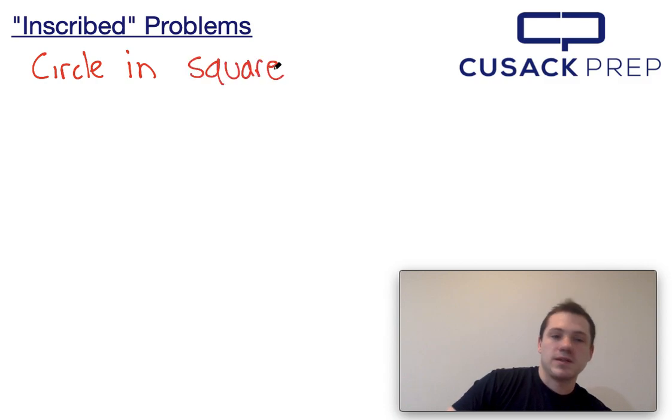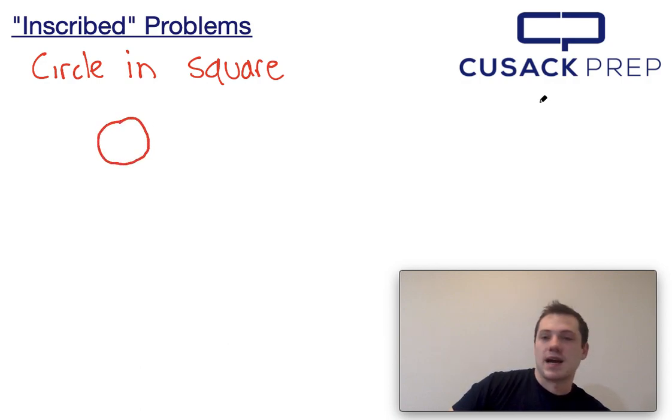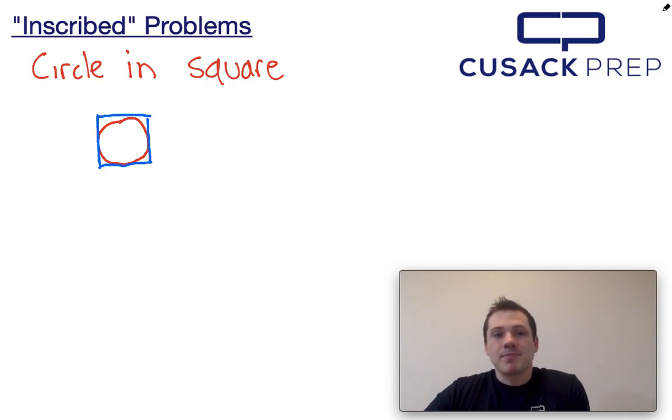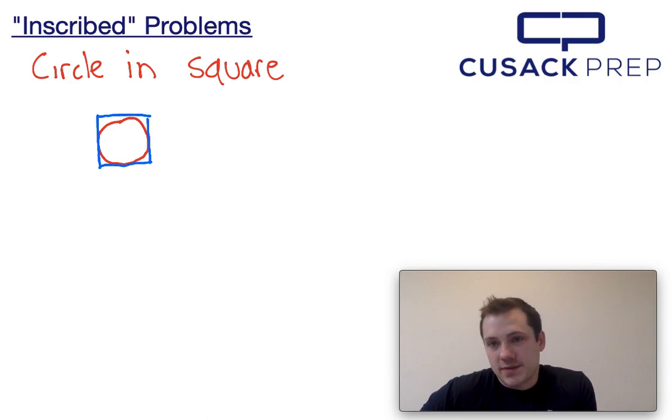The circle is going to be inside of the square in such a way that it should be perfectly inscribed. So there's my circle, looks kind of like an apple, and basically my square should touch it at exactly 1 point on each side. The top's kind of goofy, but I think you get the idea. So that would be a circle inside of a square.